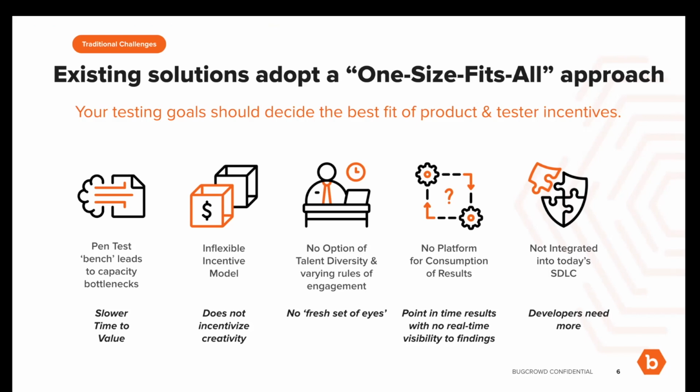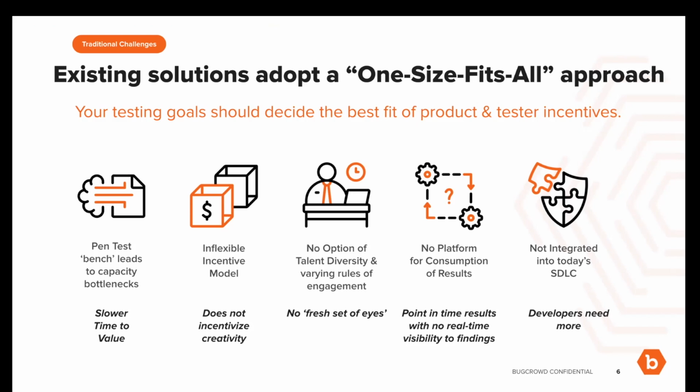But more importantly, they might not be able to find the best match or the right match for your specific assets, your technology stack, your use case immediately. So that leads to slower time to value. We've heard from customers that sometimes scheduling a pen test with their existing vendor can take up to 2 months.